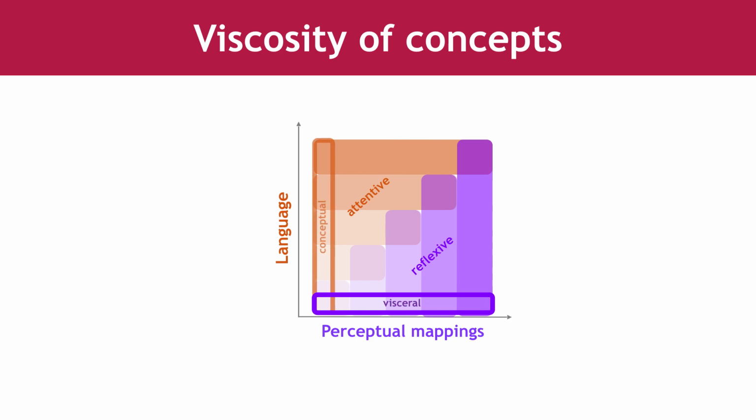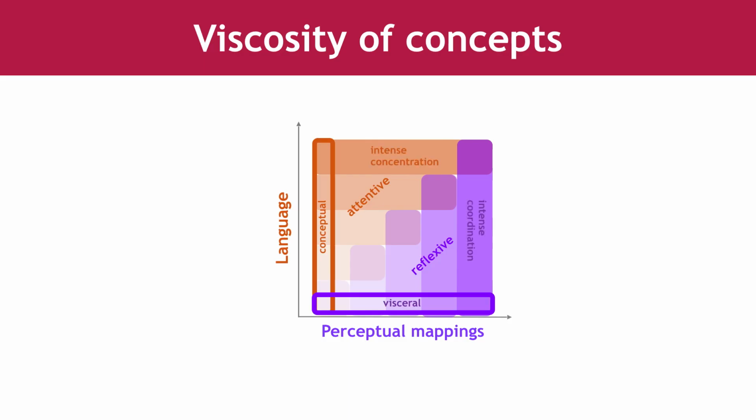When we engage designs that are made mostly or all language, it's a very conceptual way to engage with meaning. And when we have a lot of language, it requires intense concentration. When we have a lot of perceptual information, it requires intense coordination.